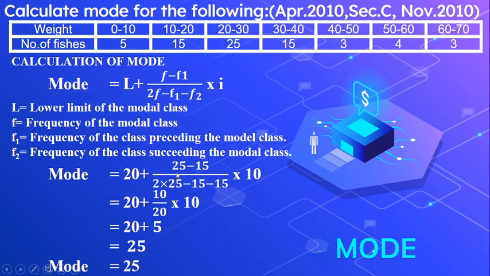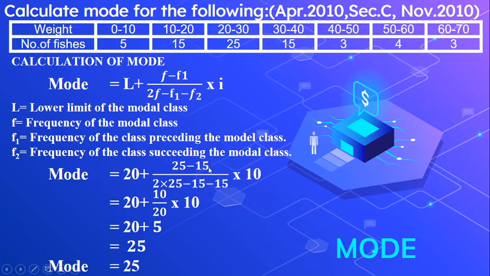F is 25. F minus F1, F1 is the previous frequency, that is the frequency before the highest frequency. Before the highest frequency, the frequency is 15.